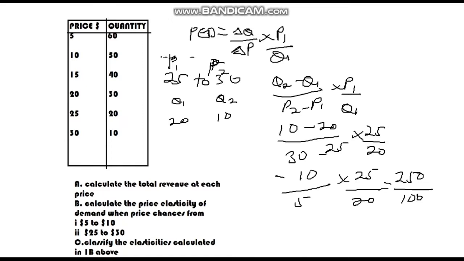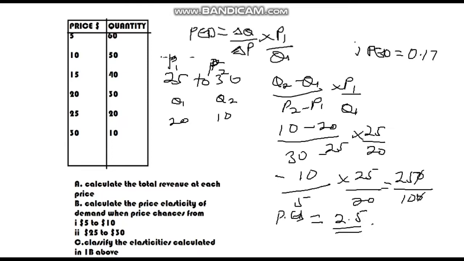So the rest is mathematics. This 0 cancels this 0, and you're going to get 25 divided by 10. So 25 divided by 10 is going to give you 2.5. So our price elasticity of demand coefficient is 2.5. When we calculated the first one, the I, we got our price elasticity of demand coefficient to be 0.17.